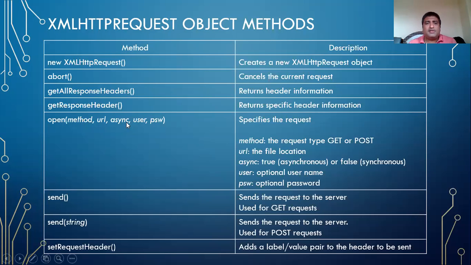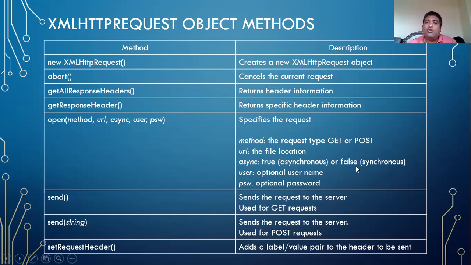Asynchronous means we want to send the data in the background without the user knowing. By default it is false, so we have to pass the value true whenever we want to send the data. If it is true, the data is sent asynchronously.